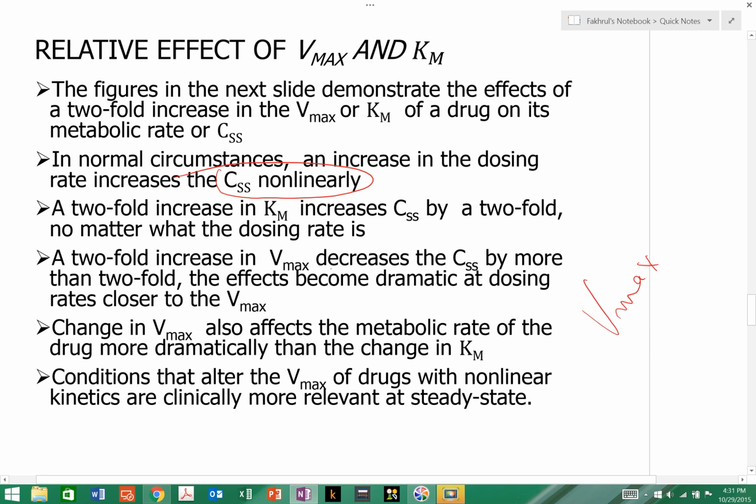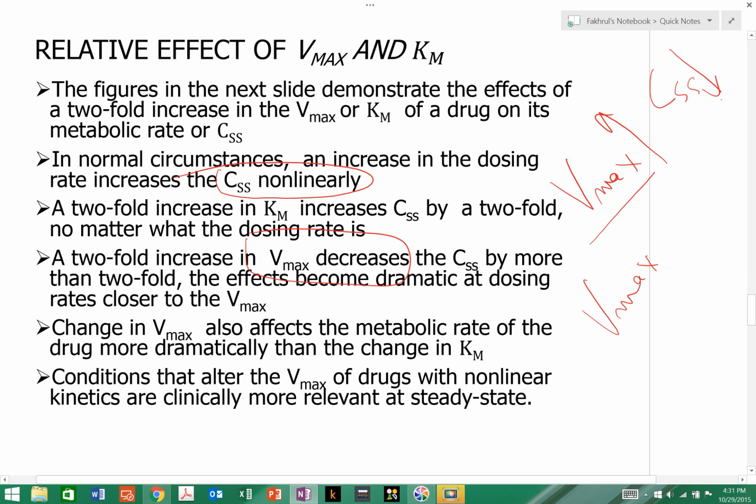But a twofold increase in Vmax will decrease the CSS by more than twofold. So always remember, Vmax increases, CSS goes down. It makes sense. Vmax means rate of degradation. When the rate of degradation is higher, CSS will go down.